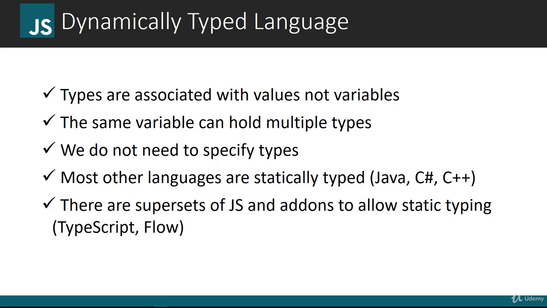In fact, in many languages you actually have to define what type of value is going to be in that variable. So you would have to write the variable name, string, or int, or float, or whatever type would be allowed in that variable. Okay, this is much different than how JavaScript works.